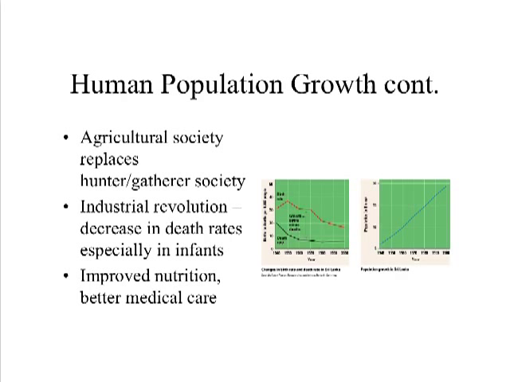The Industrial Revolution has made that transition easier as well, and has decreased death rates, especially in infants. We've got improved nutrition and better medical care that is going to increase our lifespan. So the longer we live, the more kids we can have, and the higher the growth rate our population is going to see.